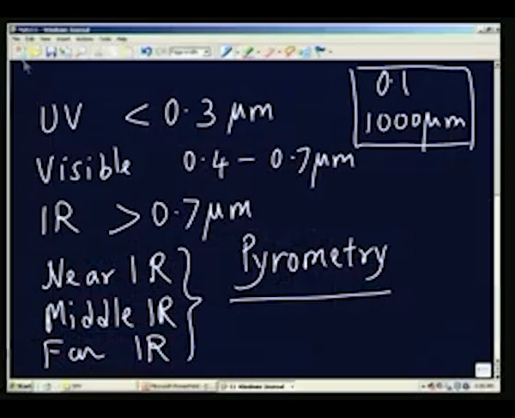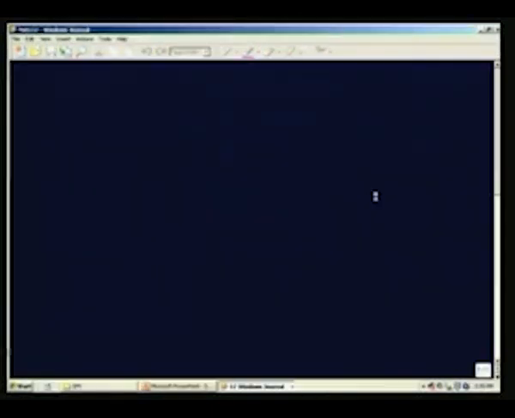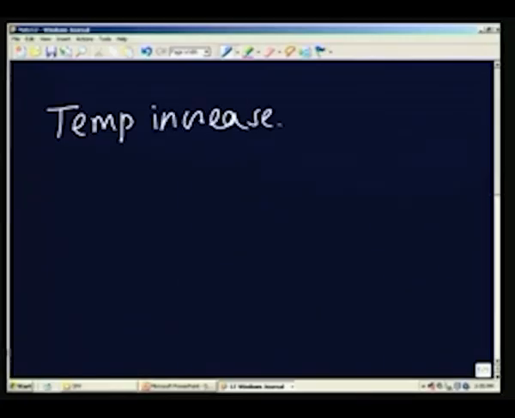So, let us see what is going to happen if I change the temperature of a black body. If you increase the temperature, this can all be explained using the Planck function. I will go back to that in a moment. If temperature increases, QB lambda increases.